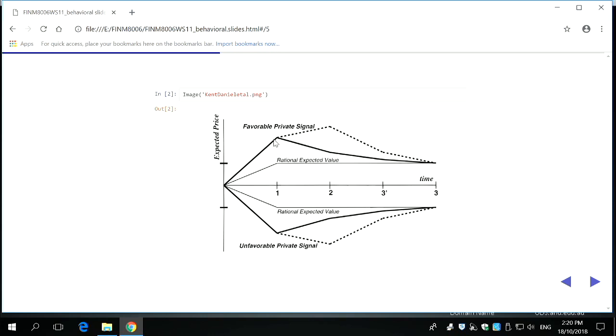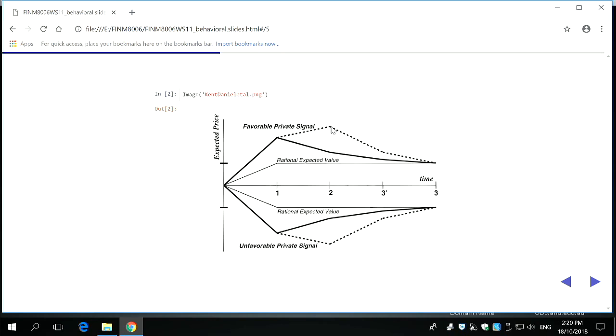But if you further have confirmation bias, then with a positive signal your overreaction will stay high, because you further increase your confidence for the next period. So the price will increase further, and from time 0 to time 2, that's the momentum effect.